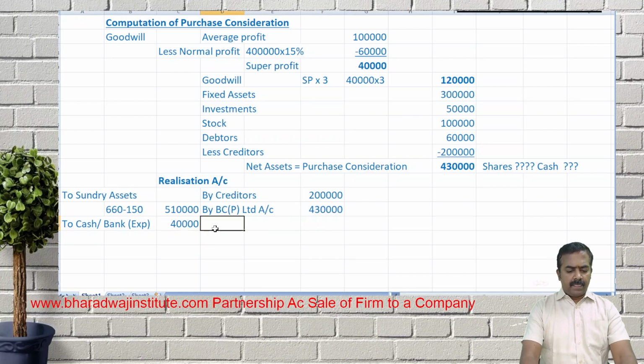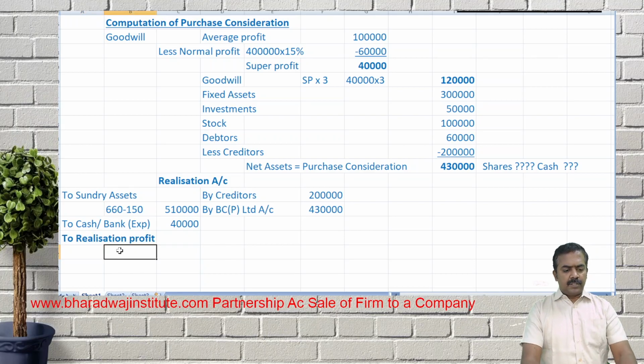Tally it to get the realization profit. This will be transferred to which partner? Who are the partners?